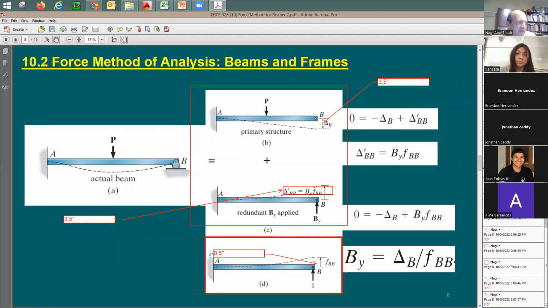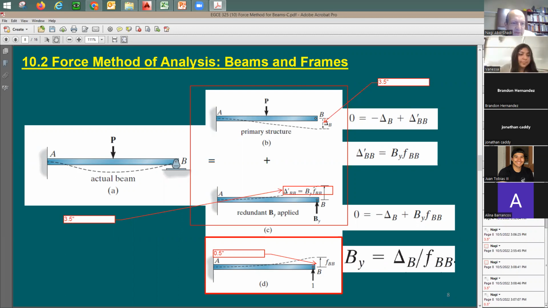So take 3.5 divided by half, it's going to be equal to 7. This is exactly what you see here in this equation. B sub y is going to be the reaction. It's going to be equal to 3.5 divided by 0.5, which is equal to 7. Are we good? Yes?